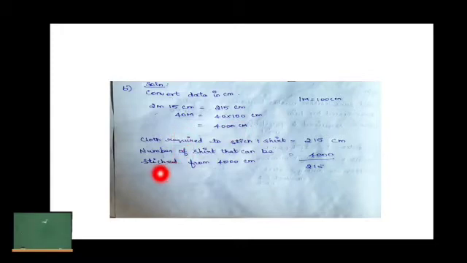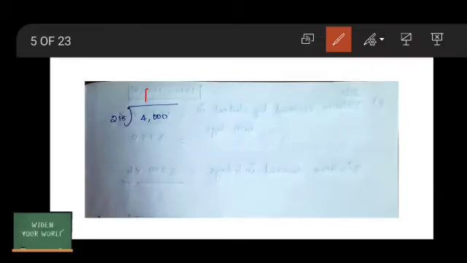Now we have to find how many such shirts can be stitched from 4000 centimeter. 215 into 1 is 215. When we subtract 215 from 4000, we get 185, and this 0 is being brought down.